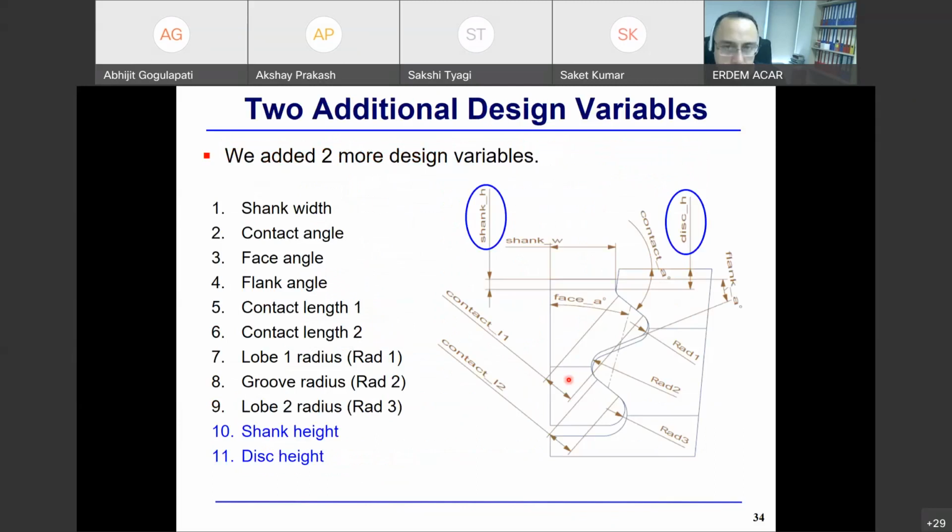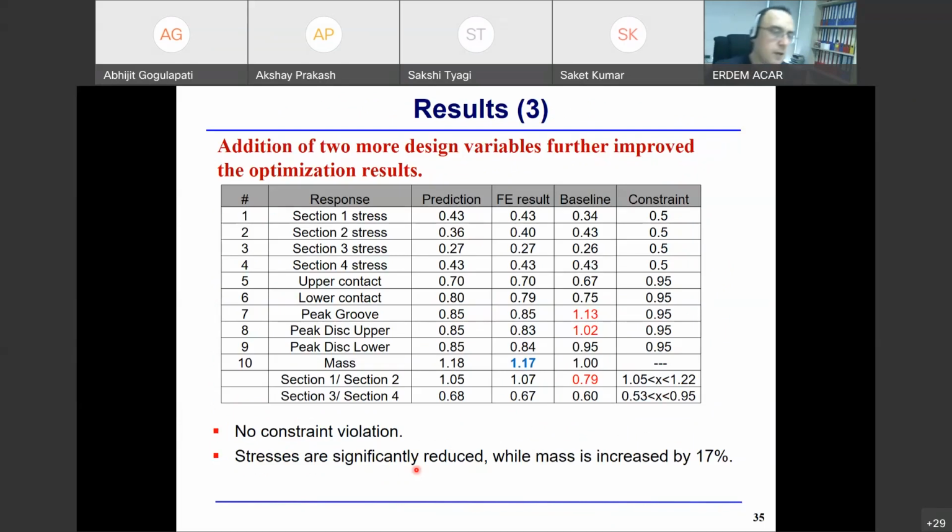We revisited the problem and found that shank height and disk height can also be used as new design variables. By adding these 2 more design variables, our optimization results improved.